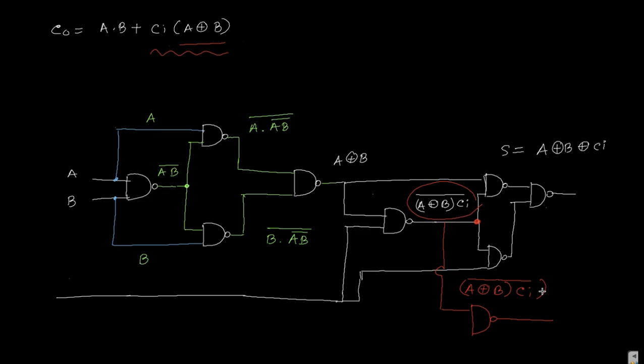Now if we take one input from here, this is also nothing but A dot B bar.